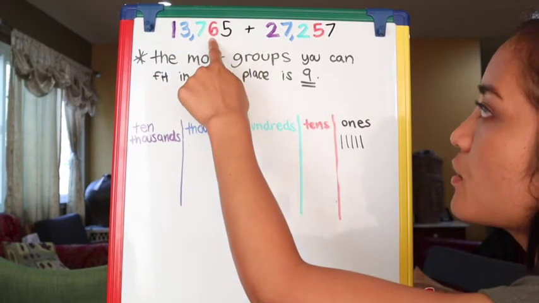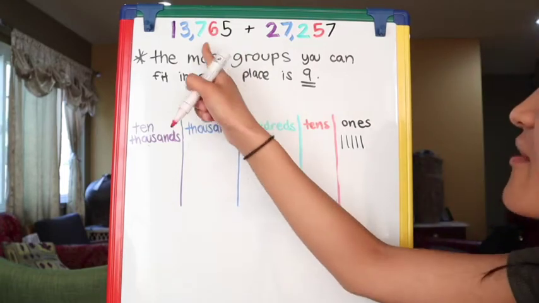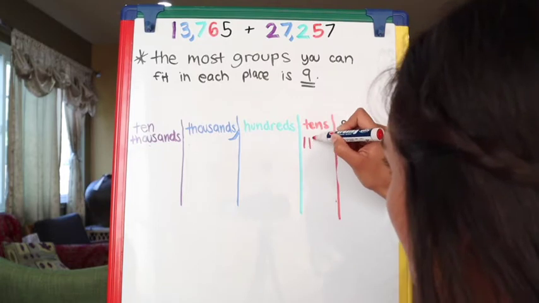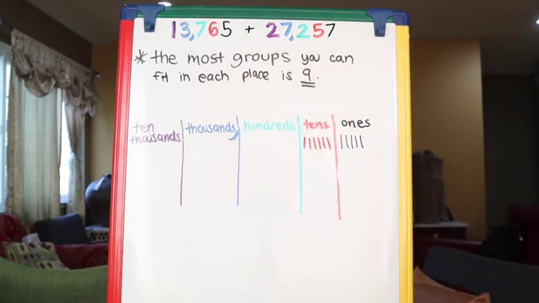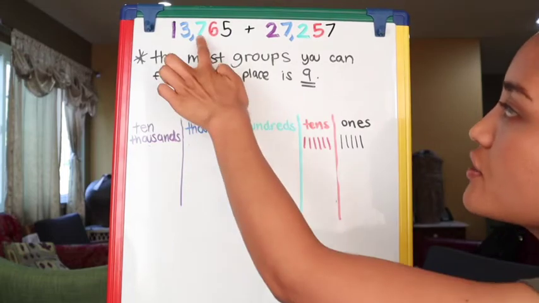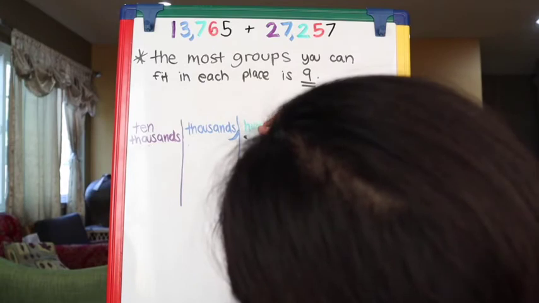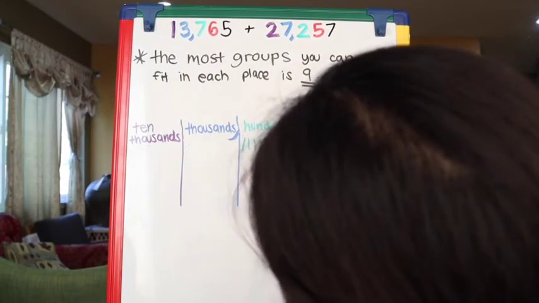Moving on to the tens place. How many groups of tens do we have? 6. 1, 2, 3, 4, 5, 6. Moving on to the hundreds place. We have 7. 1, 2, 3, 4, 5, 6, 7.